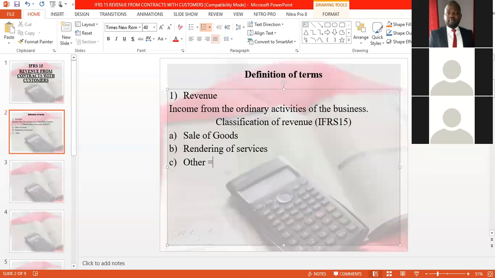Others, e.g., interests. You can receive interests if your business was to loan money. You can receive dividends if your only business is to trade in shares.